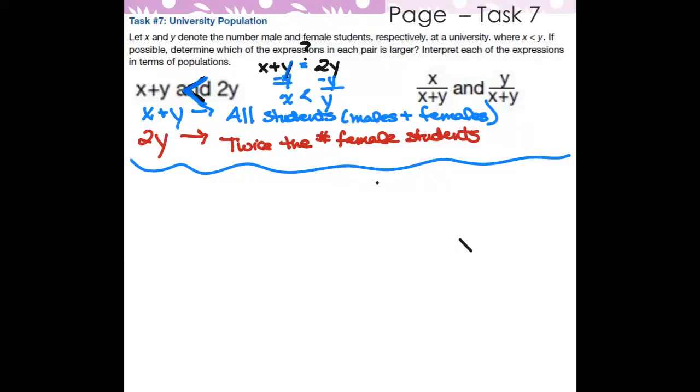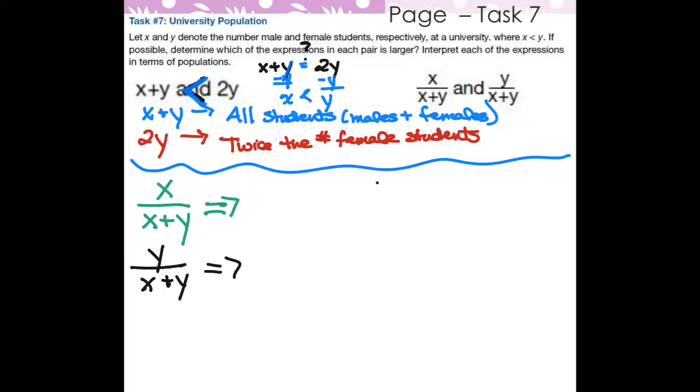What is x divided by x plus y? What does that represent? And what does y divided by x plus y represent? Eyes up here, please. The male students divided by all students.